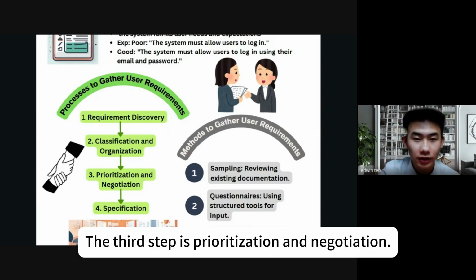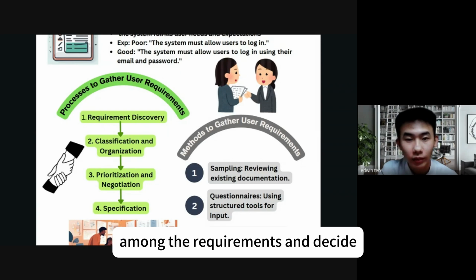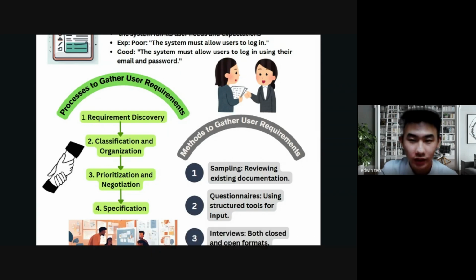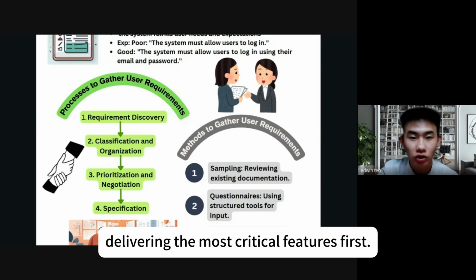The third step is prioritization and negotiation. At this stage, we resolve any conflicts among the requirements and decide which ones are most important to the project. This ensures that we focus on delivering the most critical features first.